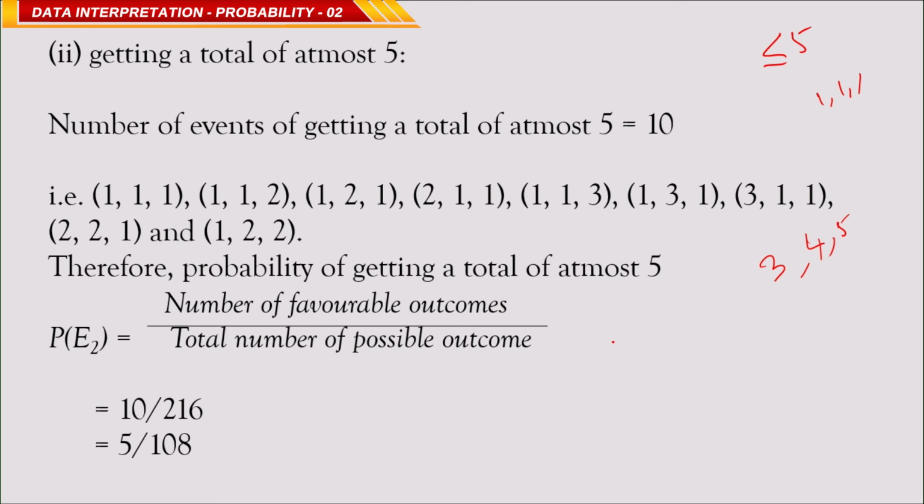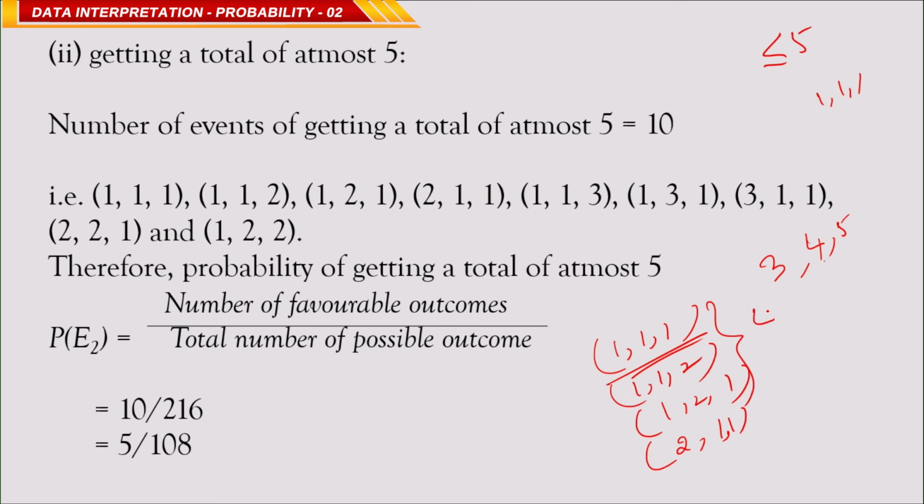The first possibility is 1 1 1, correct. Next, for 4 we have 1 1 2, 1 2 1, 2 1 1. These are the possibilities of getting 4. For 5, previously we did the 6, you already know that.